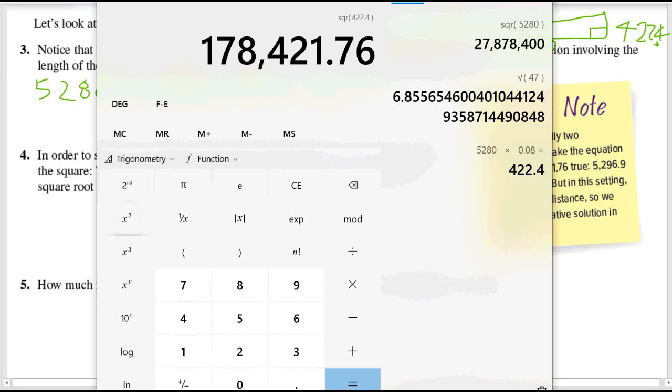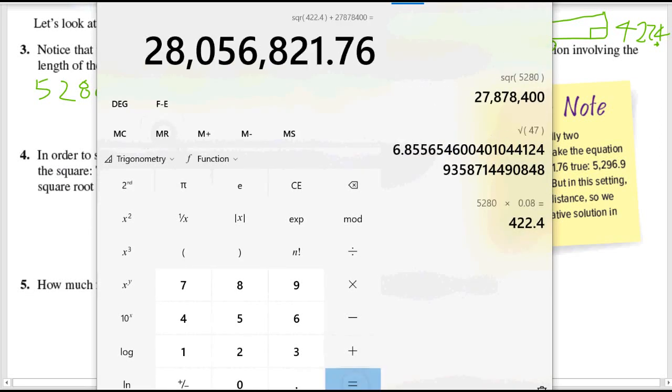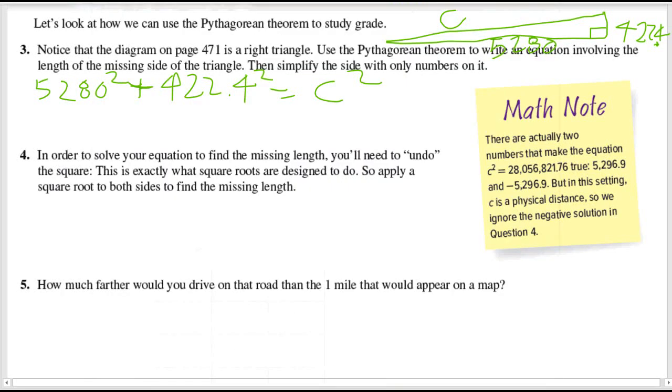Actually, I'm not going to write those two numbers down because they're really big. I'm just going to take the 422.4 squared and I am going to add, and I push the memory recall button, the 5,280 squared. So I've added my a squared and b squared. That equals my c squared. So 28,056,822.